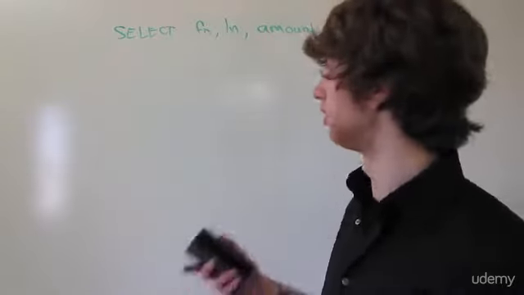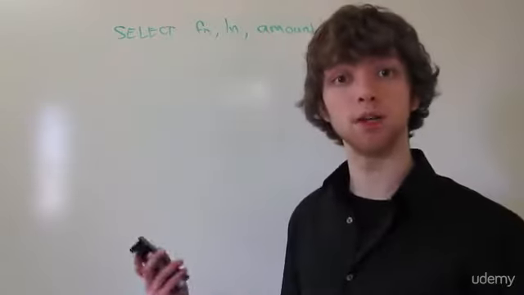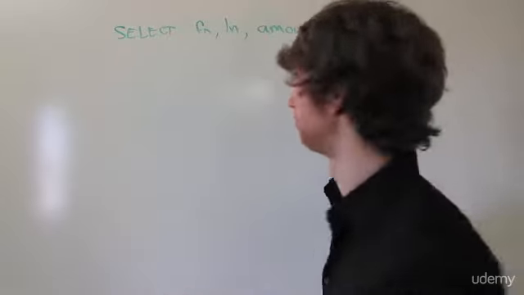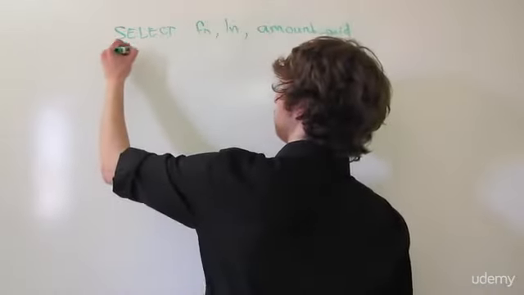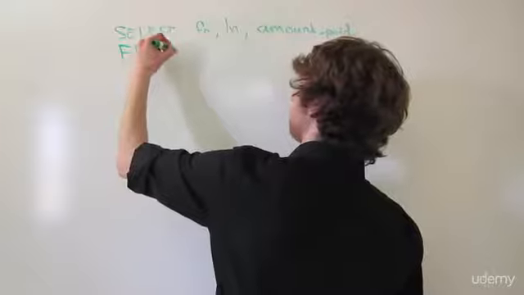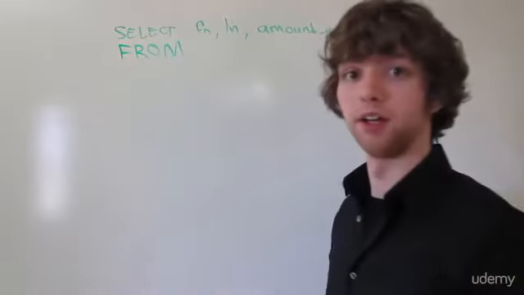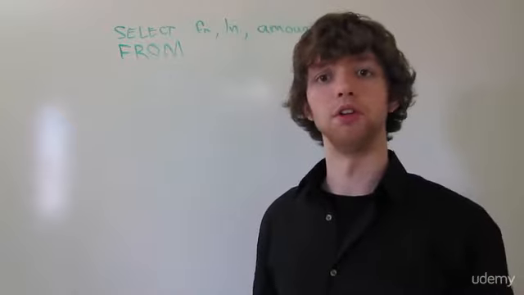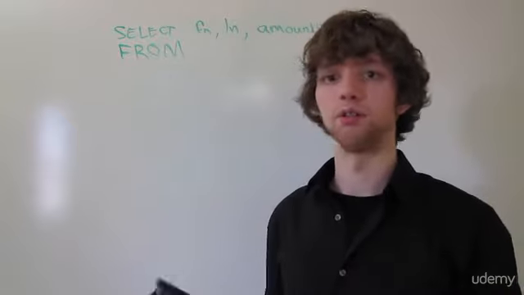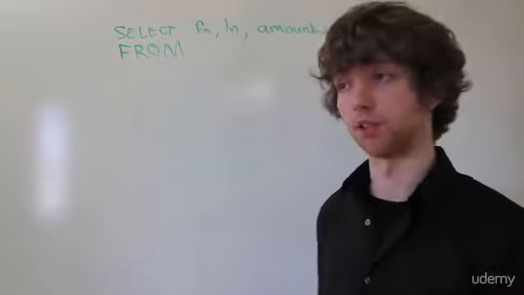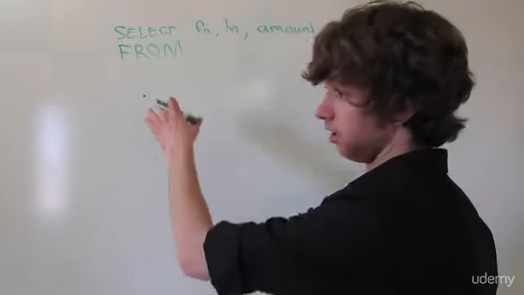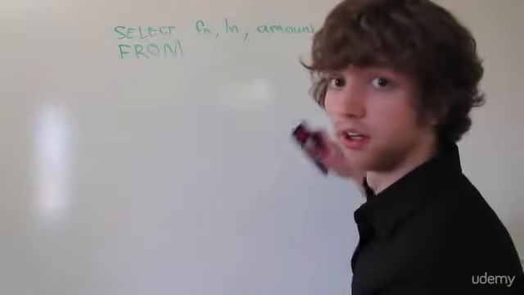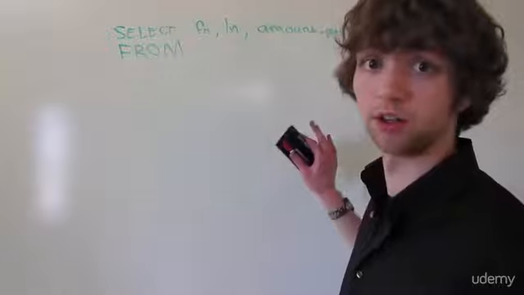Then we are going to say, what table are we getting these columns from? So we do from, and then you may be wondering, well, there's multiple tables, so how do we know which one you're going to use? Well, we're going to put the left one first, which in our drawing we had the user, or the customer, and then we had the card.